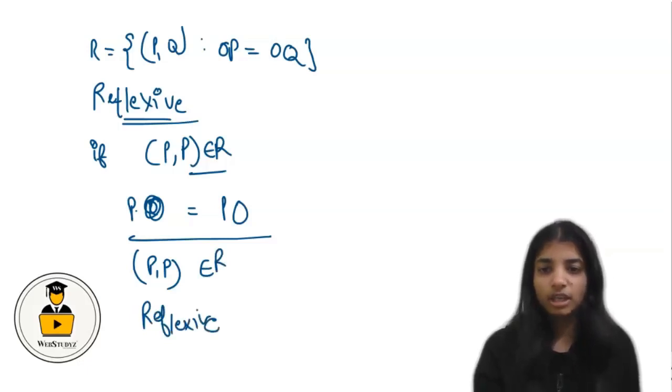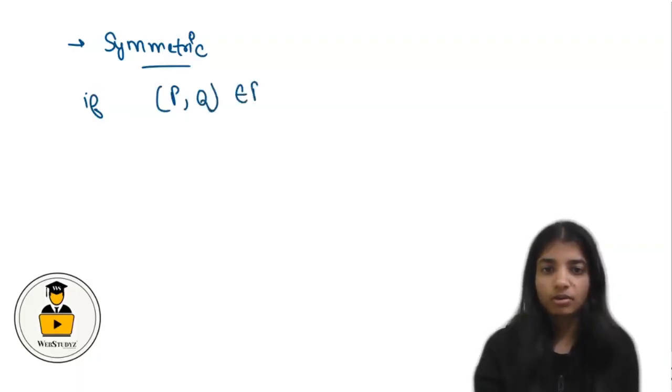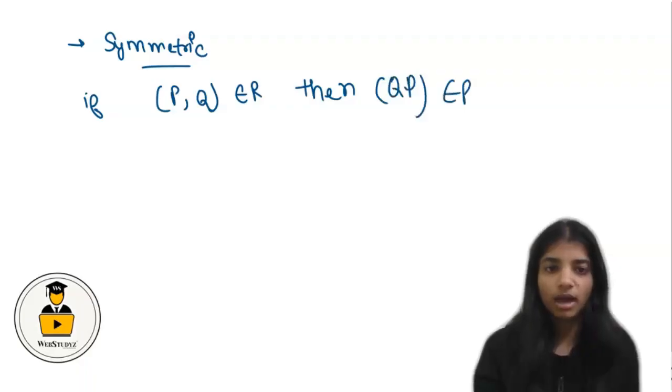Now we are going to check the symmetry of this relation. The condition for the relation to be symmetric is that if (P, Q) belongs to R, then (Q, P) also belongs to R. So the relation is over the distance, that is, the distance of point P from the origin equals the distance of point Q from the origin.